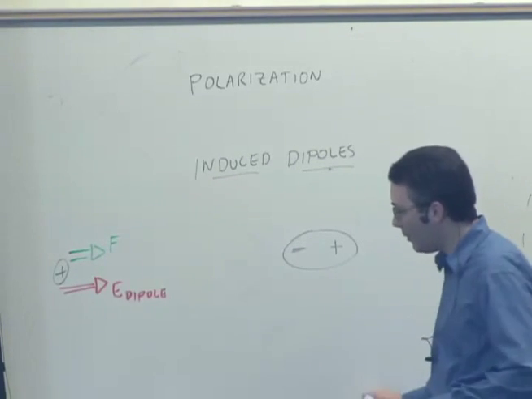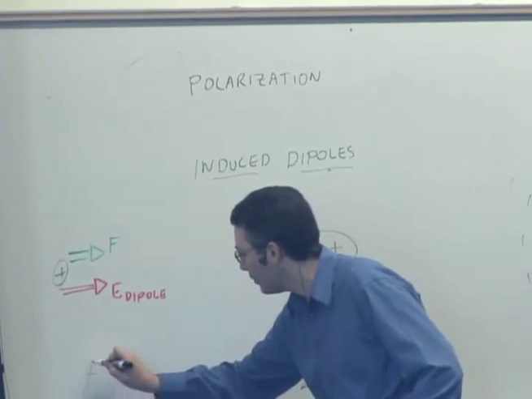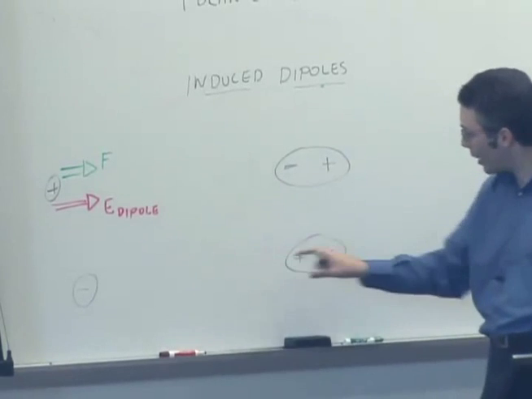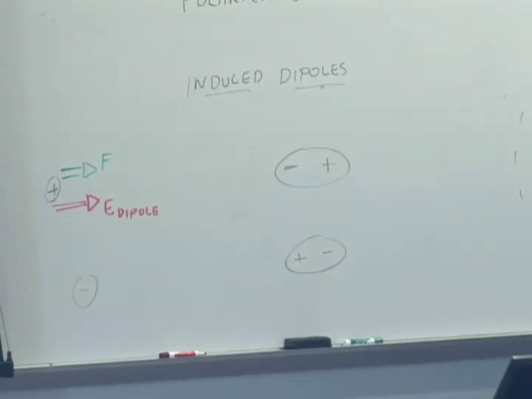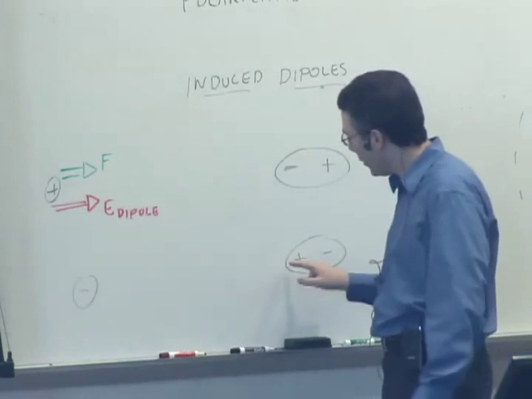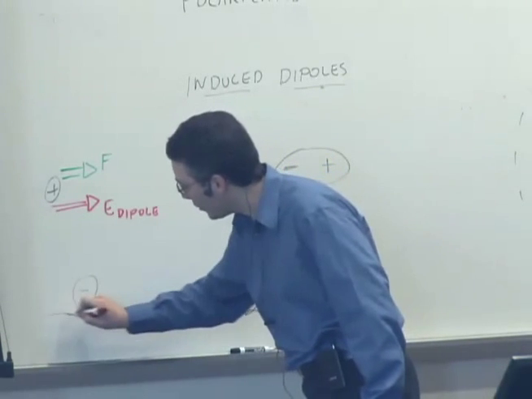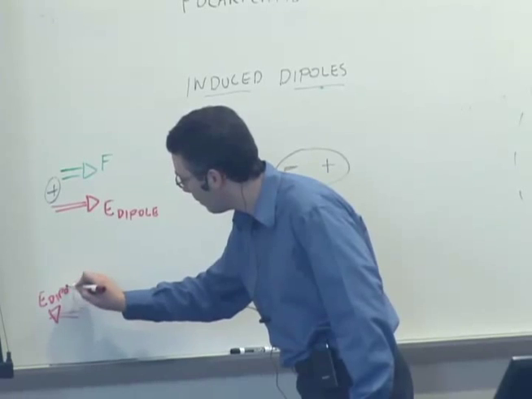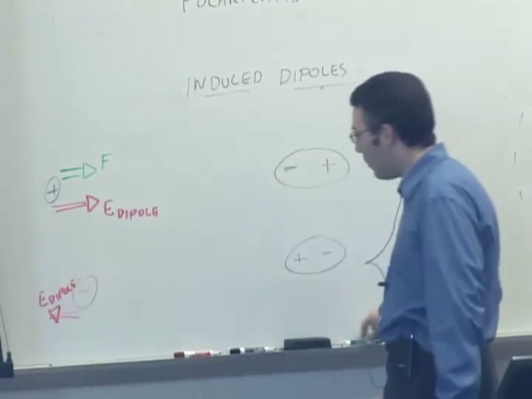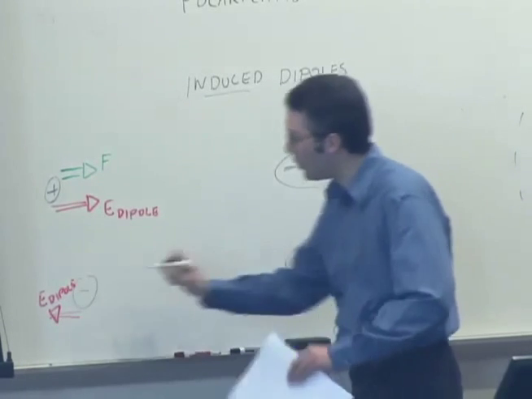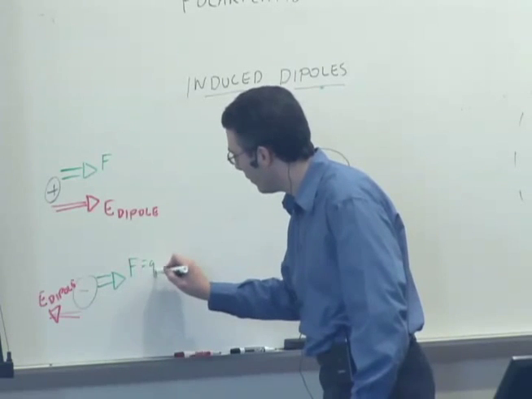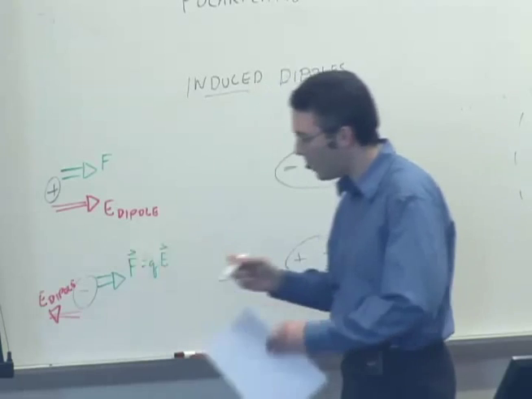If we had a negative charge brought near a neutral molecule, it would polarize the opposite way, right? Because the negative charge would tend to repel the electron cloud in the molecule. We get an electric field due to the dipole now that's pointing in this direction. But because we're saying F is equal to Q times E, and Q is now negative, the force is going to be in the opposite direction.